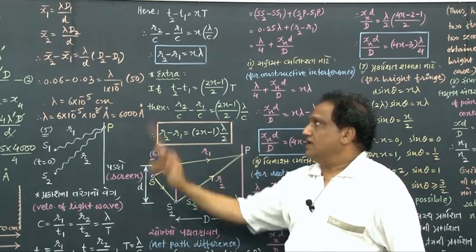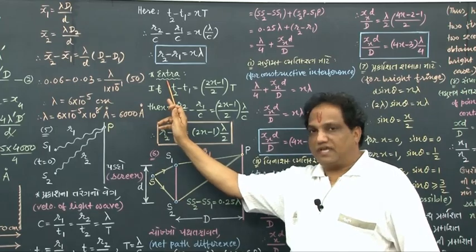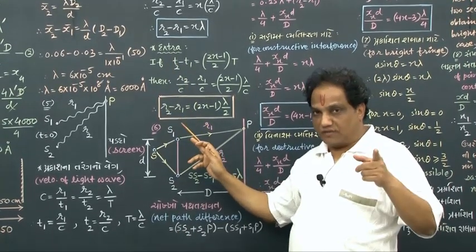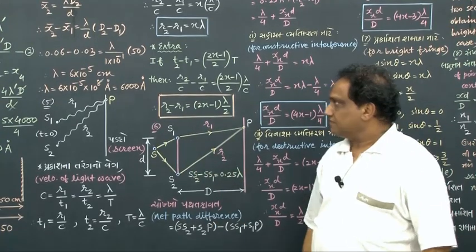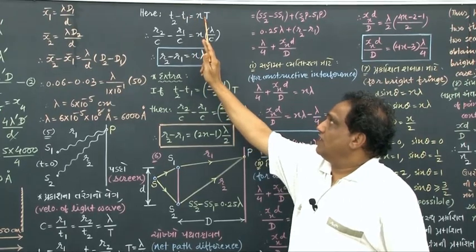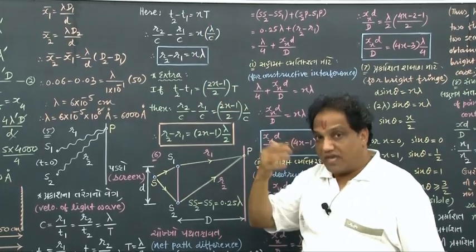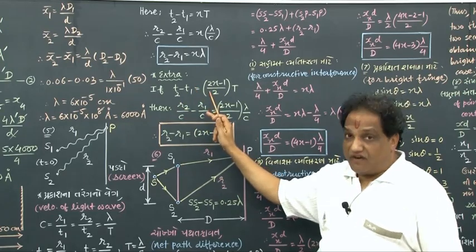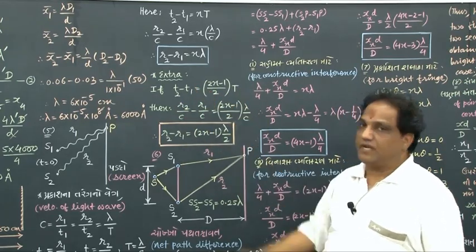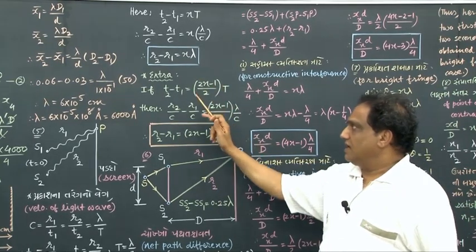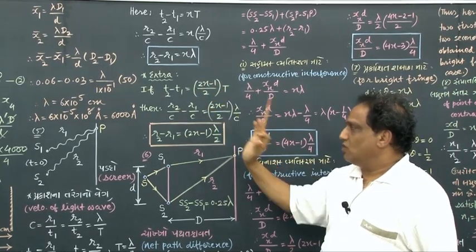Correct? Now here, let me show you this extra example. They may ask this example in the school examination. Instead of time difference equal to integer multiple of periodic time, they may give you this time difference as half integer multiple of periodic time. That half integer multiple I am taking as 2n minus 1 upon 2.